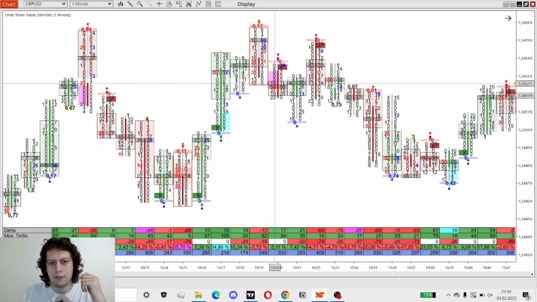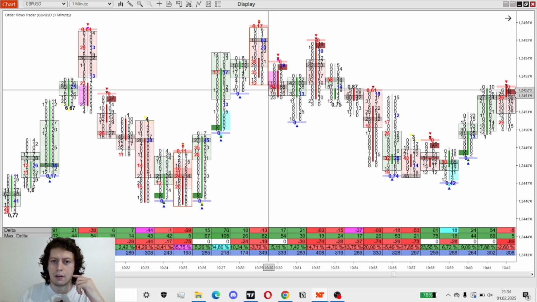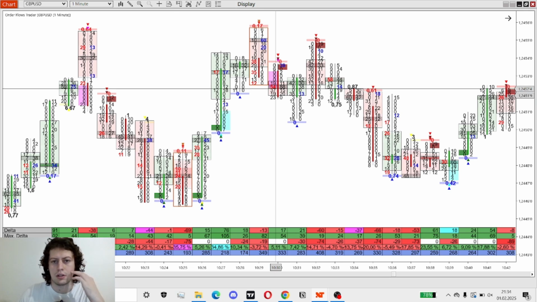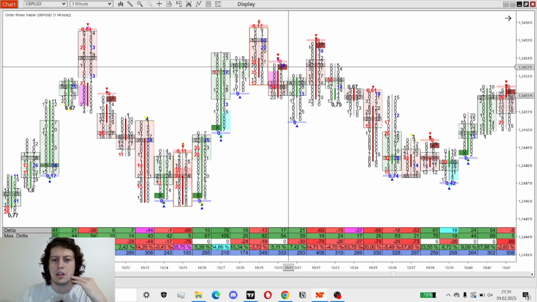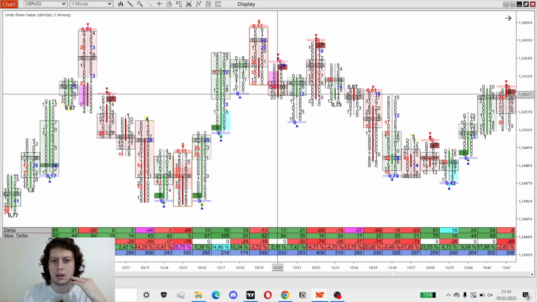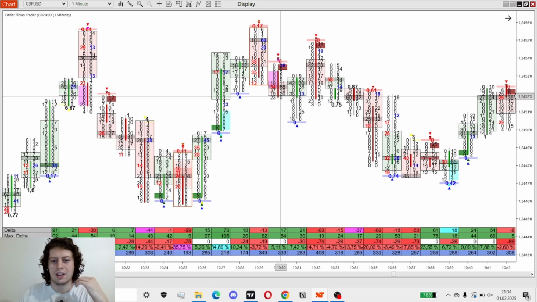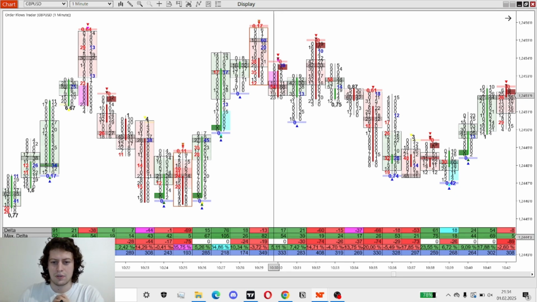Second candle, very big pressure of selling, 54, imagine 54 lots in this candle, very nice. 39 lots was trapped, we don't want to see this. And we have red candle, this paradox, red candle and green delta or positive delta. So this is also very nice. What do you want to see?